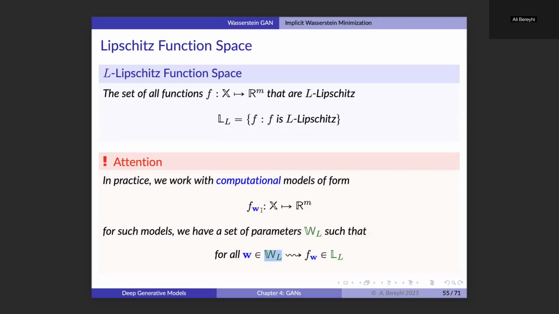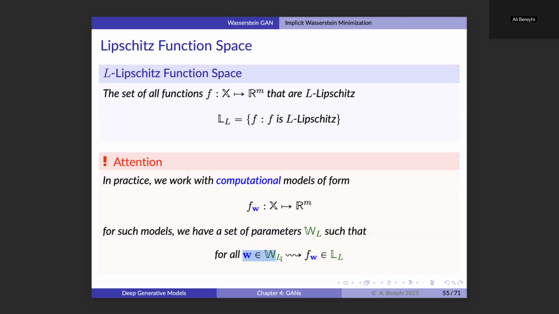This means that I want the output of this neural network to somehow behave normally. So if I change the input slightly, the output also changes, not crazy, right? And the point here is that if I want to do it computationally, I need to limit my parameters. So the parameters of that model should be somehow limited to a set, which I'm showing with set W here, the kind of set that somehow guarantees that your function is Lipschitz, right?